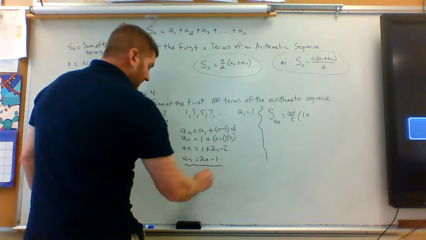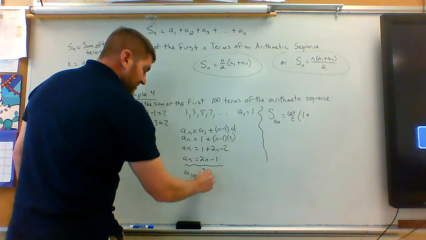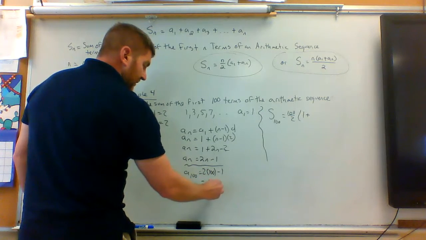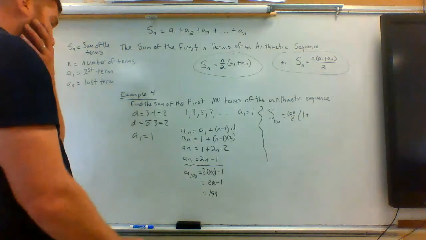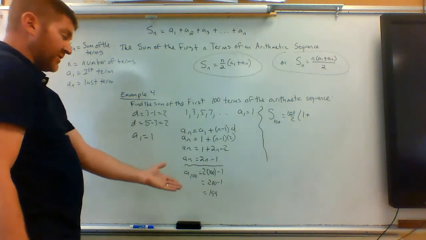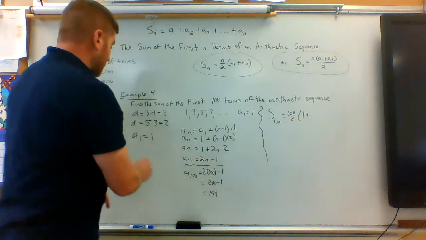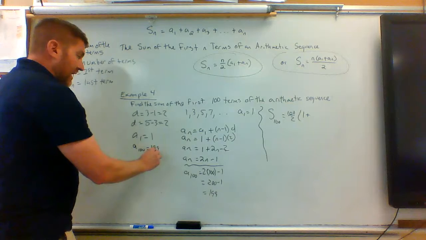So now I want to find the 100th term. What is the 100th term in the sequence? That's 2 times 100 minus 1. So 200 minus 1 is 199. All right, so I was able to find my 100th term, 199. So that is my last term here. So now I know that a sub 100 is 199.